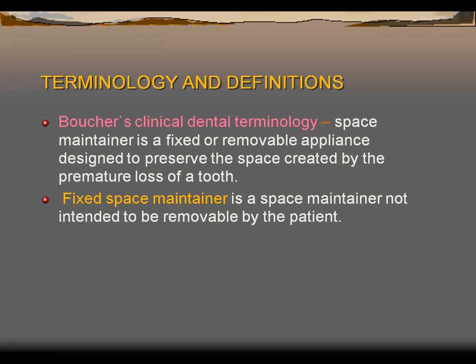Then he also defined what we mean by a fixed space maintainer. It is a space maintainer that cannot be removed by the patient, that is not intended to be removed by the patient.